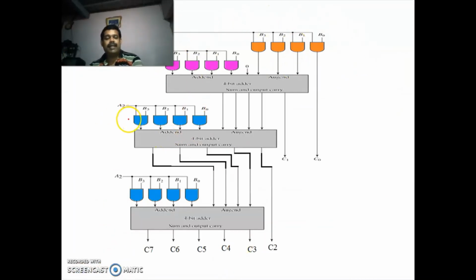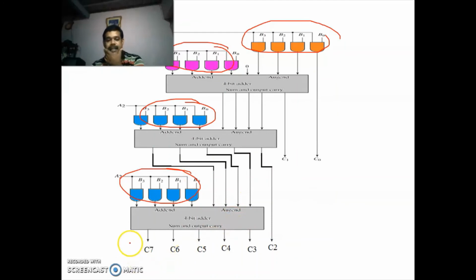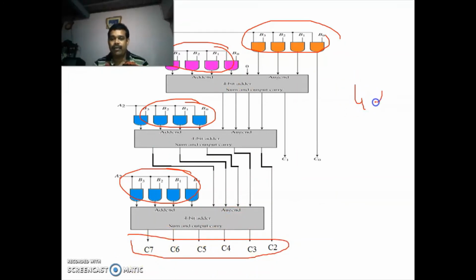Here we need three 4-bit adders. This is the first partial product, second partial, third partial and fourth partial product. We are adding them and getting the final product. So this is the 4 by 4 multiplier.